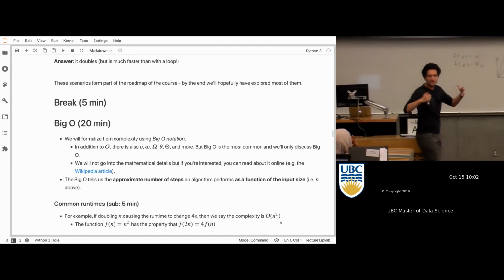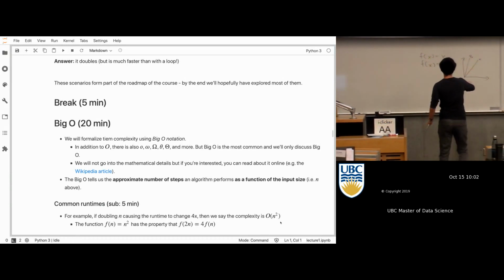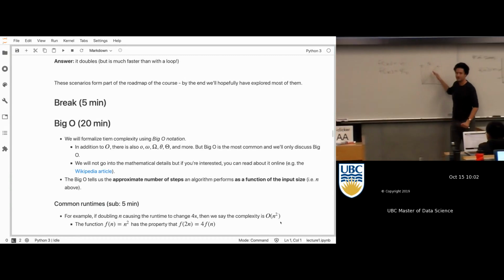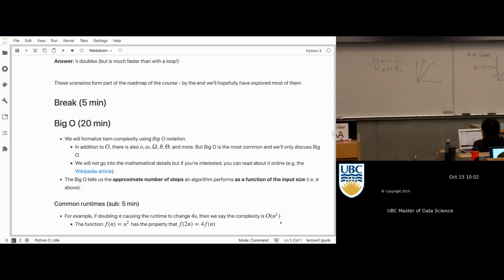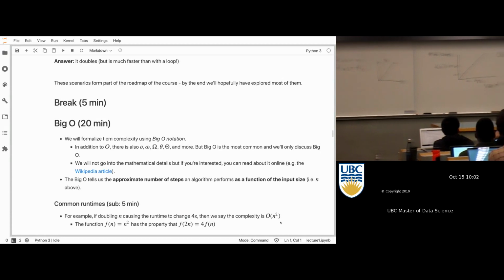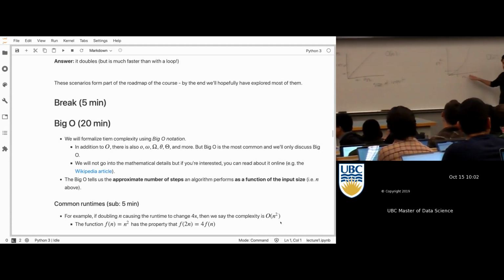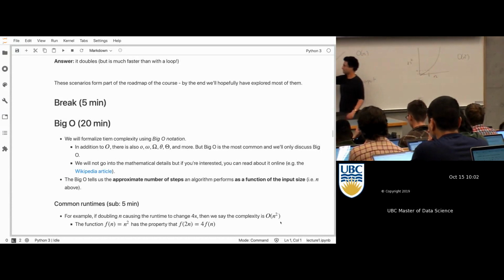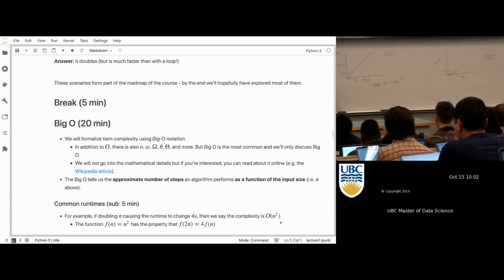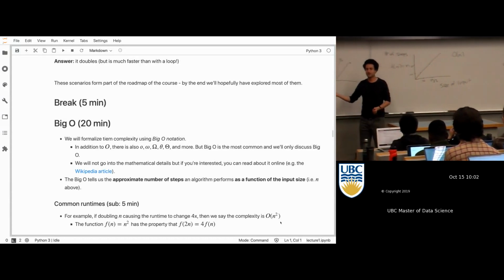And so as far as growth is concerned, these two things are the same. They're only scaled versions of each other. But n squared is actually a different shape of a function. This function has a different property that when you double the input, the output goes up 4 times. The function 4x has the property that when you double the input, it just doubles the output.